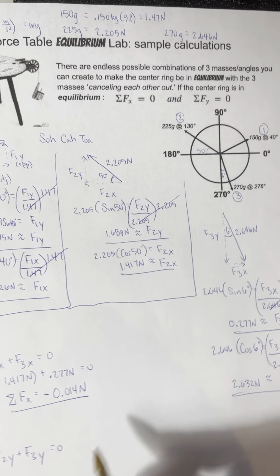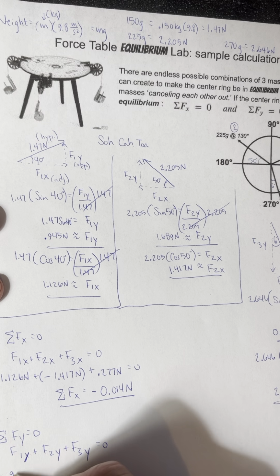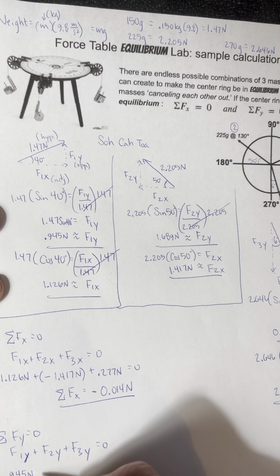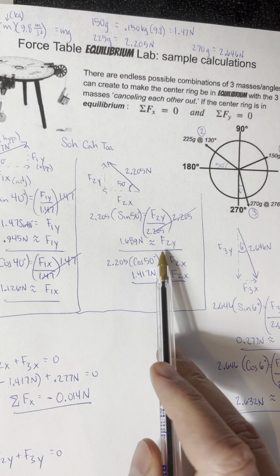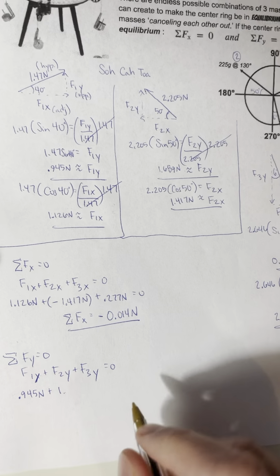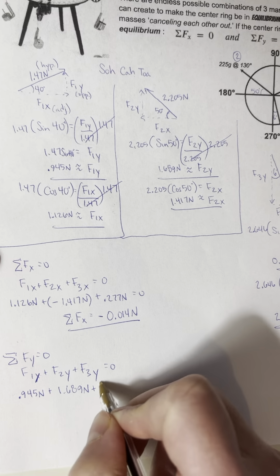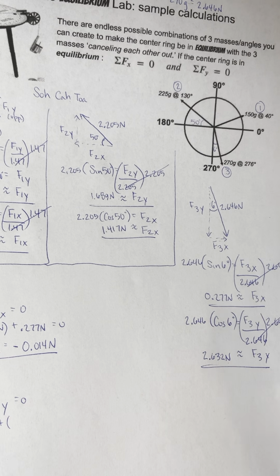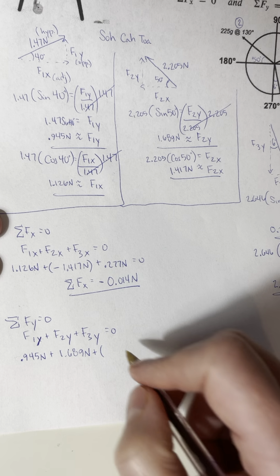So force of 1 in the y direction was 0.945 newtons, and that's up, so that's positive. Force of 2 in the y direction is also up, so that's positive, 1.689 newtons. And then force 3 in the y direction, since that's downward, is going to be negative 2.632 newtons.